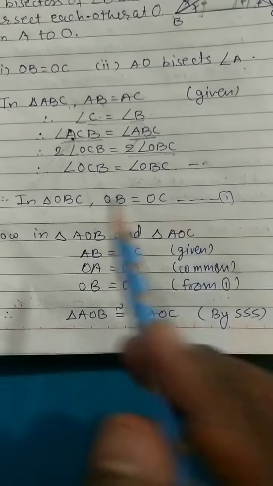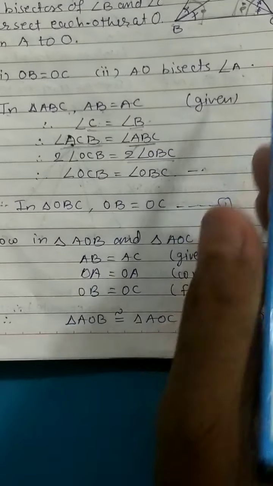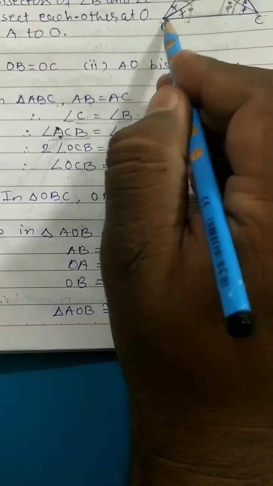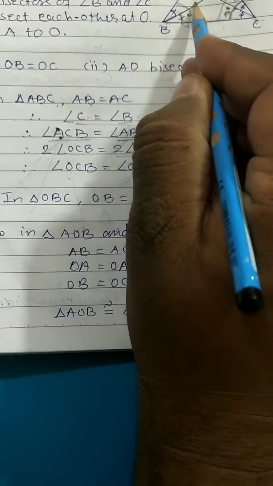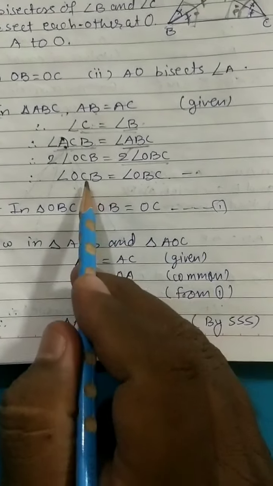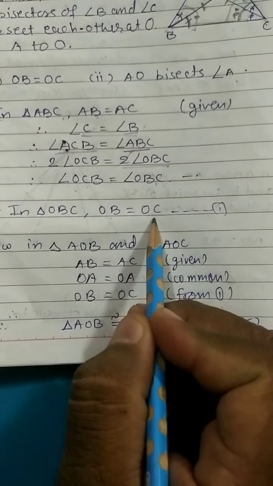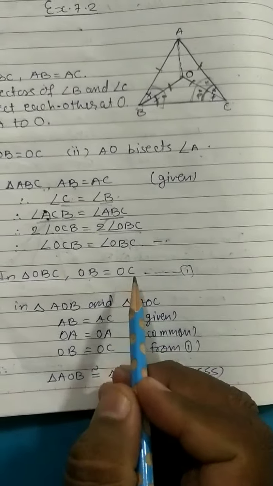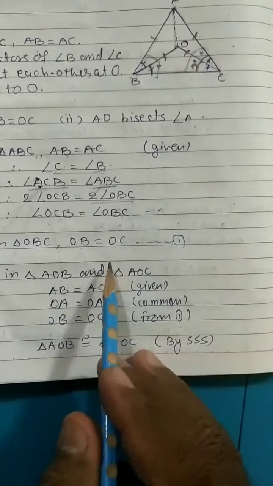Now check, if these angles OCB and OBC are equal, we have proved. So can I say opposite sides are also equal, that is OB is equal to OC. Opposite side of this is OB, opposite side of this is OC, right? So OB is equal to OC.